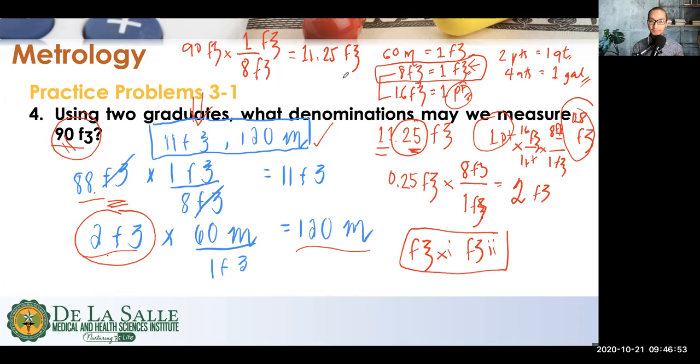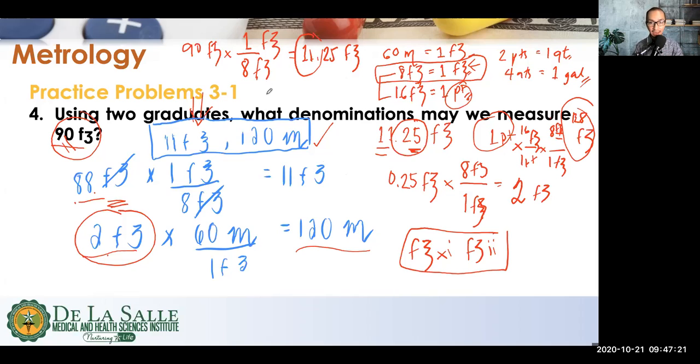So, the next thing that you will do is you will only select the whole number. So 11 fluid ounces. Now, doon nang galing yung 88. Ang gagawin mo is you will just convert back the 11 fluid ounces to fluid drams.